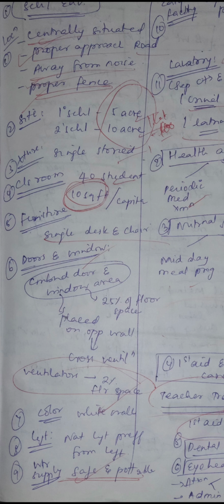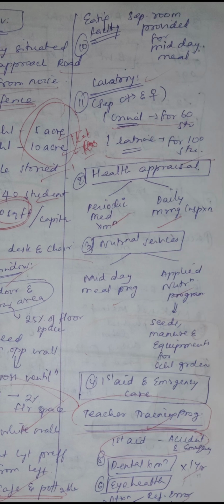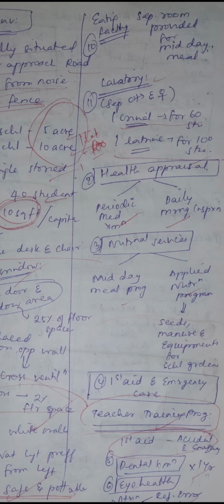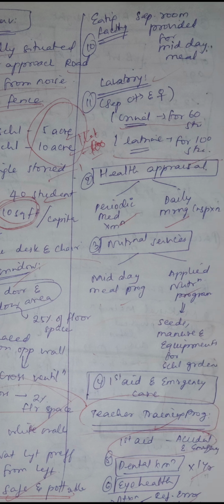Talking about light, it should preferably be natural light, and the glass should be arranged so that natural light comes from the left side. Talking about water supply, you should have a safe and potable water supply. For eating facility, there should be a separate hall for the midday meal program.